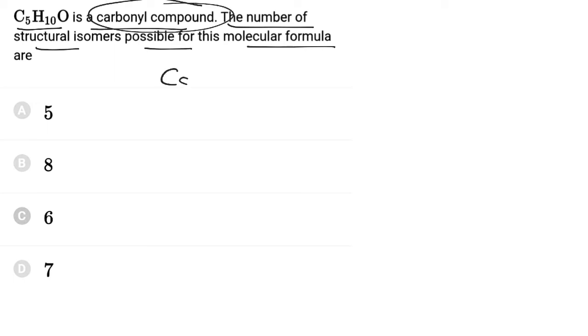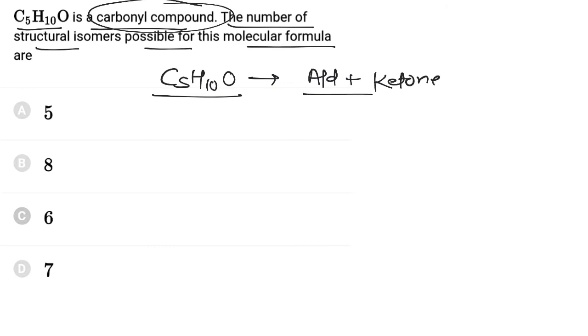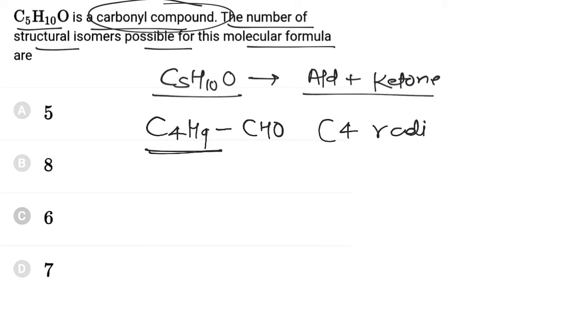So all the isomers from C5H10O which we have to draw must have a carbonyl group, so they must be aldehydes or ketones. Now the total aldehydes possible from C4H9CHO.